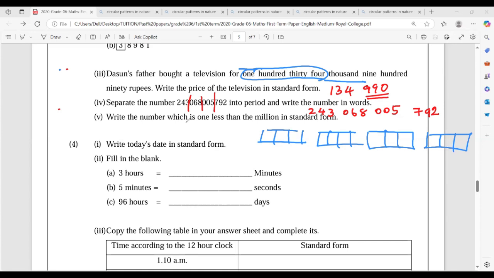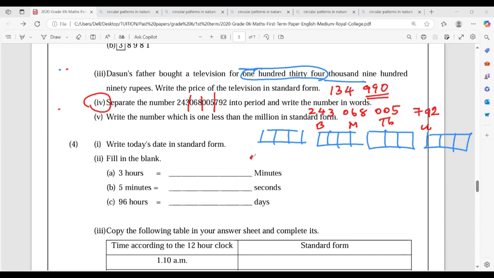Here you have units, thousands, millions, and billions.